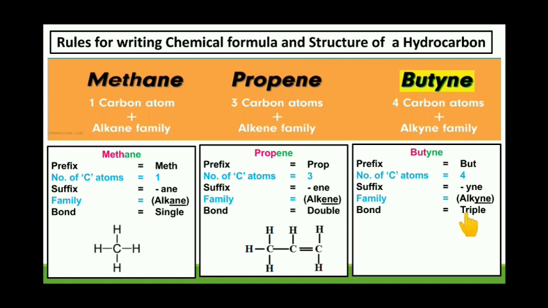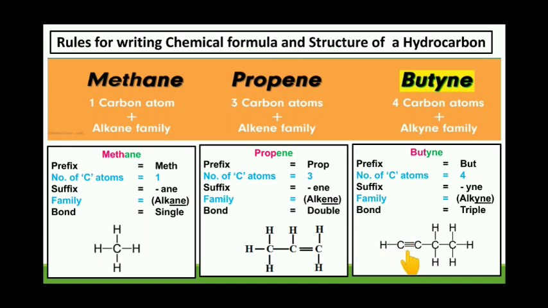Now let us draw the structure for butyne. So how many carbon atoms? There are 4 carbon atoms. Then first show a triple covalent bond in between any of the 2 carbon atoms. Remaining carbon atoms are connected with the single covalent bonds. Now take care that each carbon satisfies tetravalency.